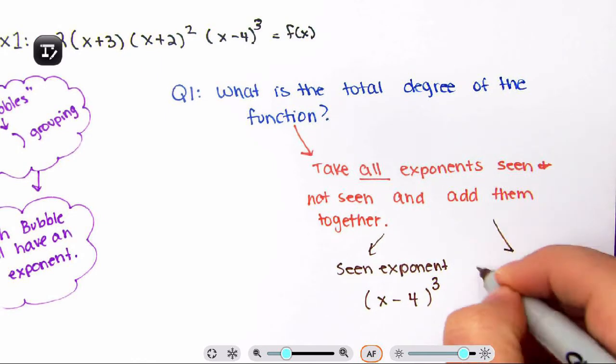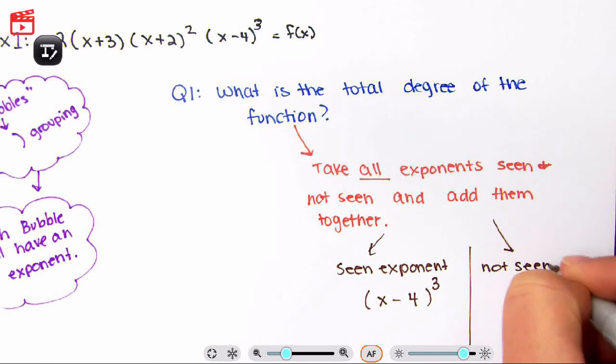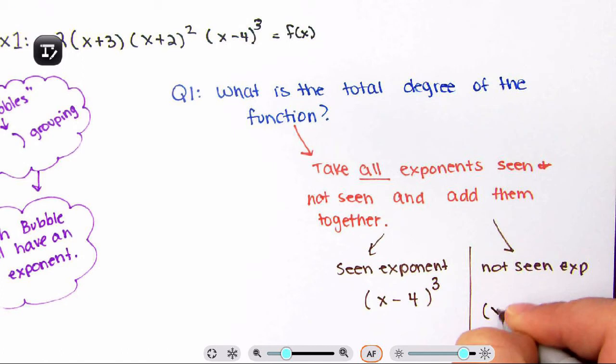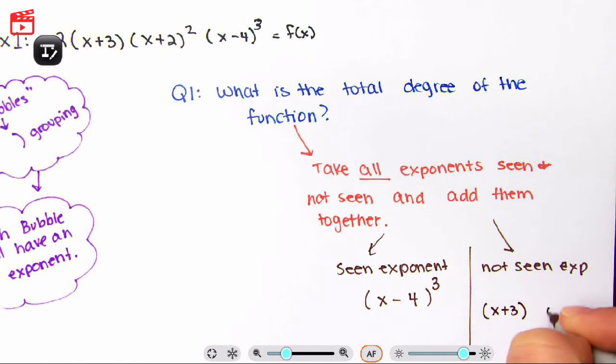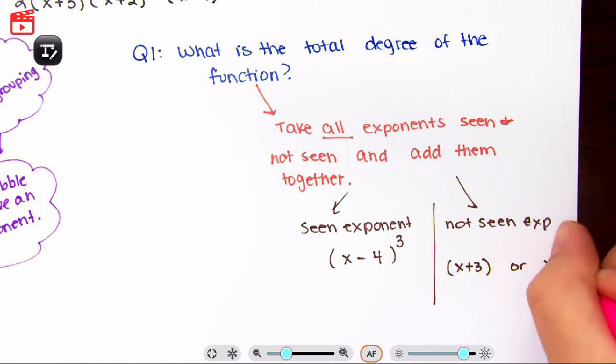Now, a bubble that is unseen is having something like x plus 3 or simply x. There is no exponent that is seen there. However, there is a major exponent there, and that exponent is 1.